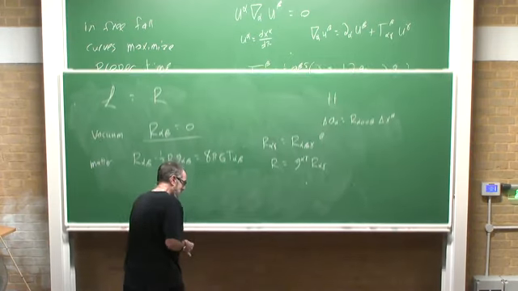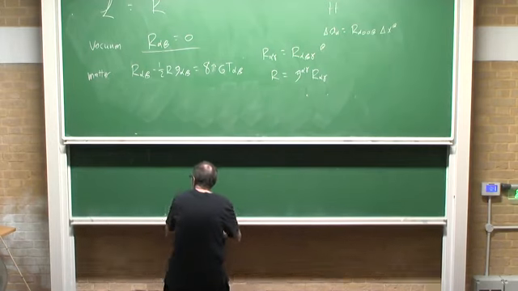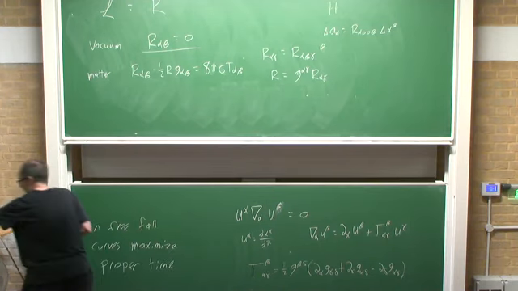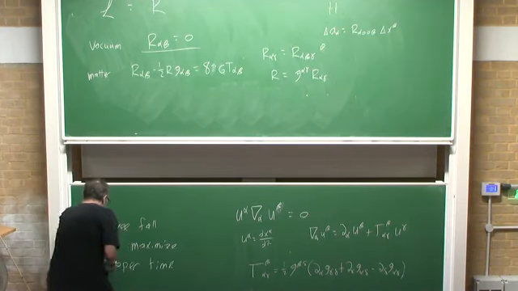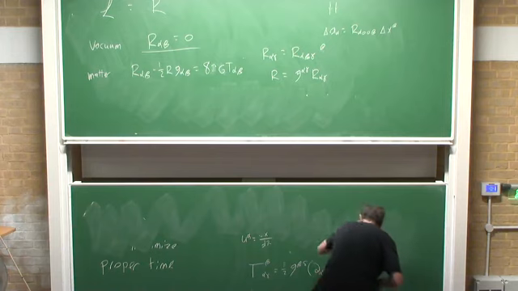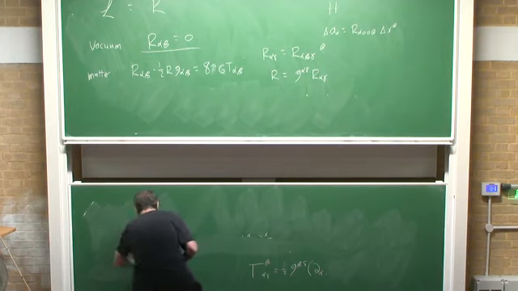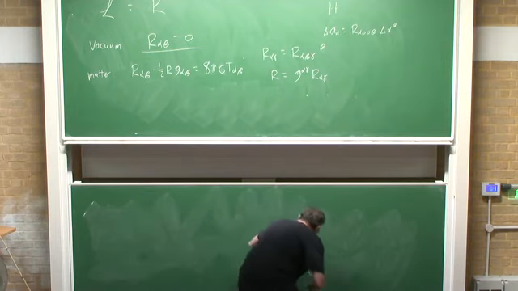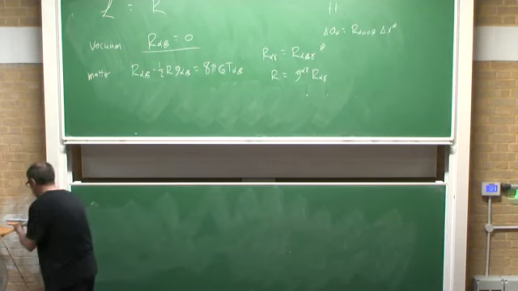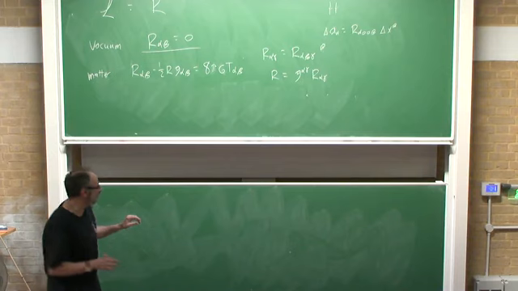All right, so let me switch back to words again. Okay, so the nice thing about asking whether something is well posed is that you don't need to write down the whole equation.